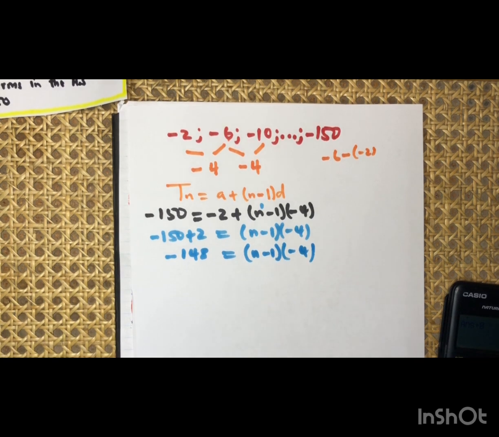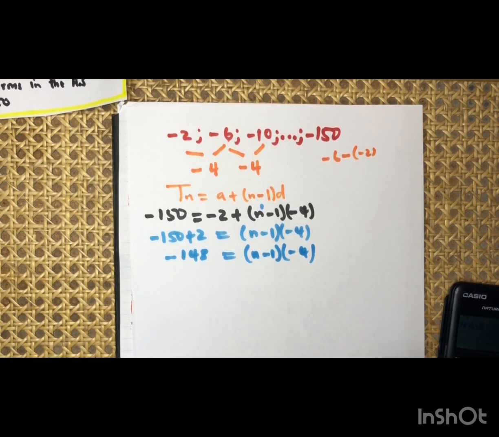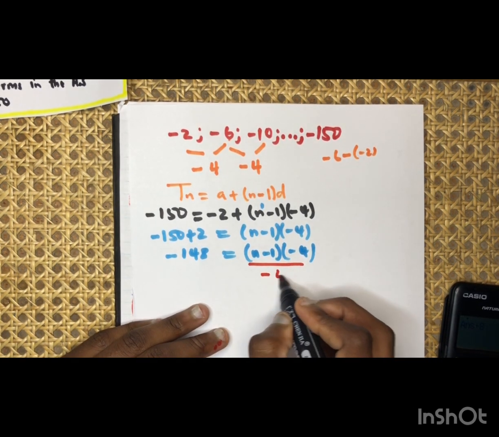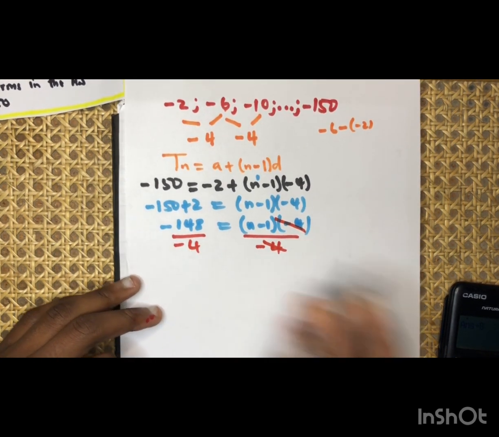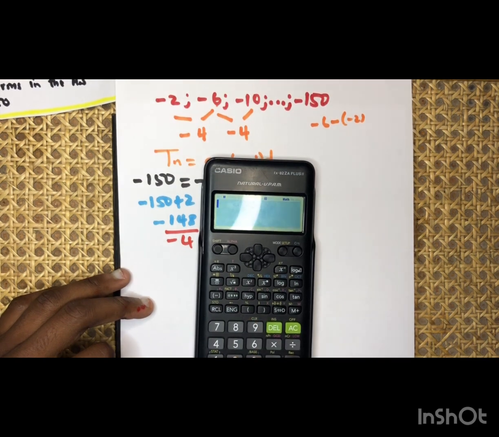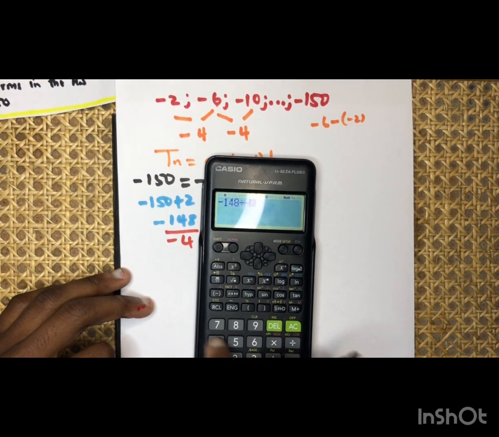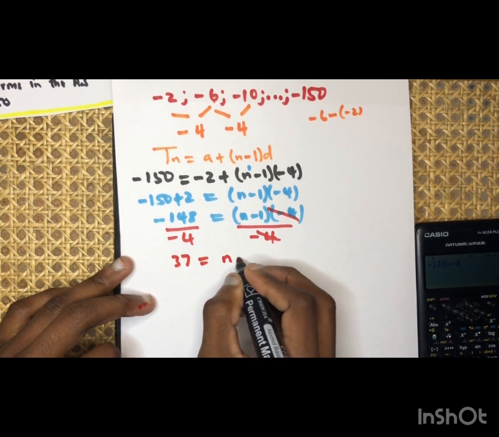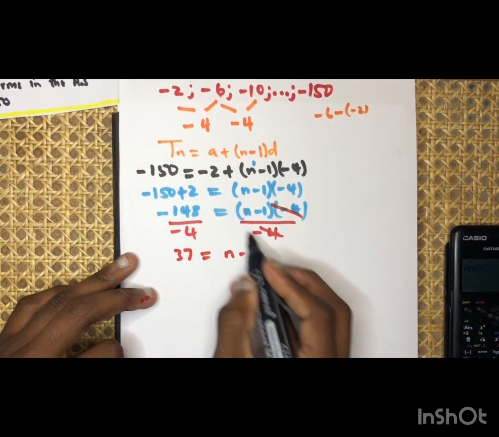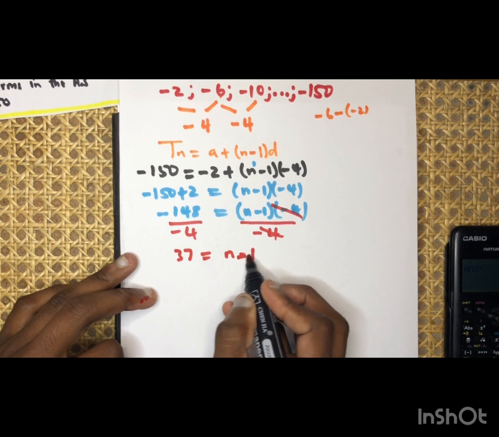Then I want to get rid of negative 4. Then I'm going to divide both sides by what? Negative 4. So these will cancel out. So if I say negative 148 divided by negative 4, then we get 37 equals n minus 1. Understand? So then I transpose negative 1 to that side.